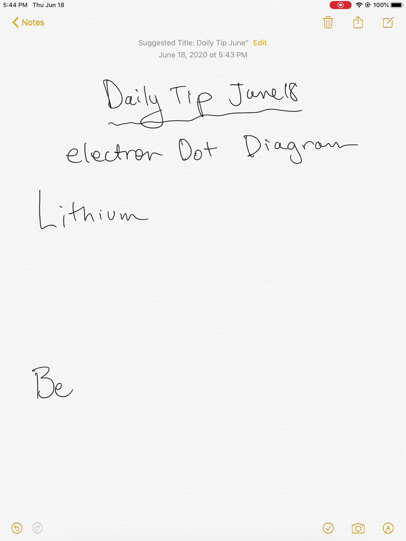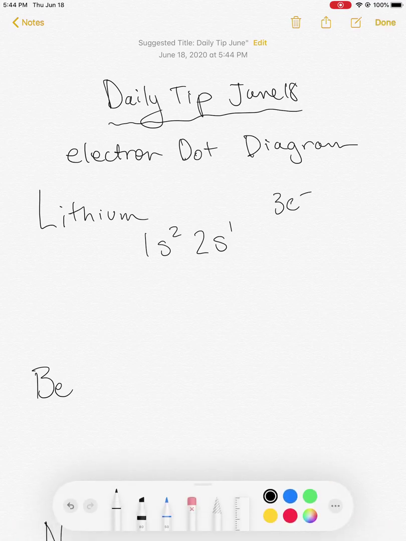So let's look at lithium. First of all, you need to know the electron configuration for lithium, which is 1s2, 2s1. All right? So it's got a total of 3 electrons. However, the only ones that are valence electrons are the ones in the highest energy level.